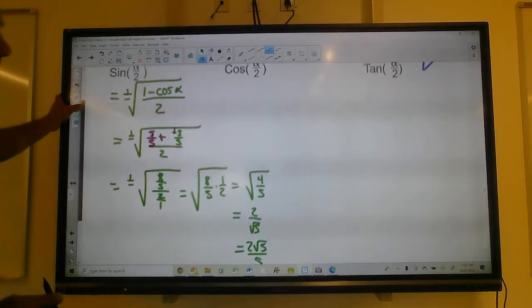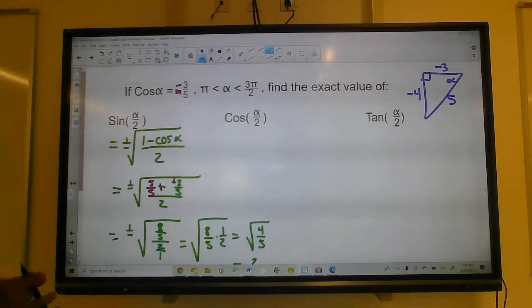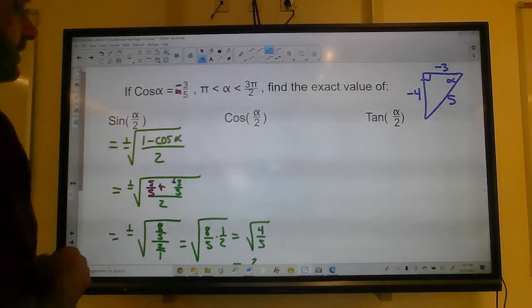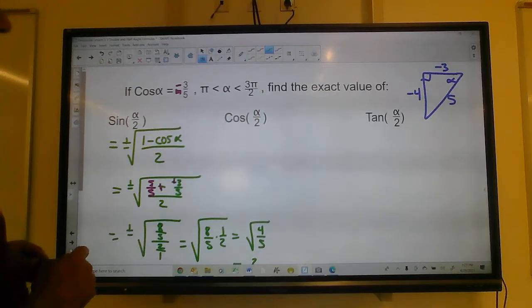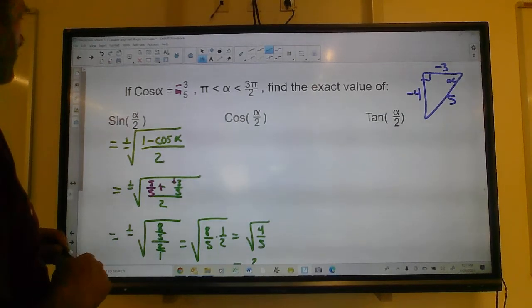Okay, now I need to determine, is it positive or is it negative? So my sign in the third quarter is going to be negative. Let's see. Oh, that's alpha.